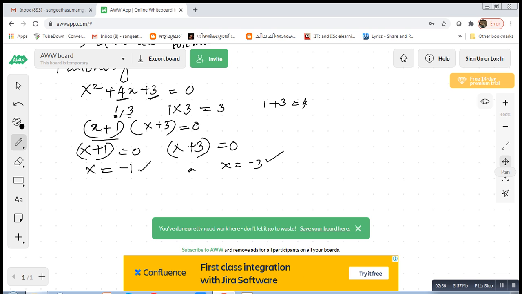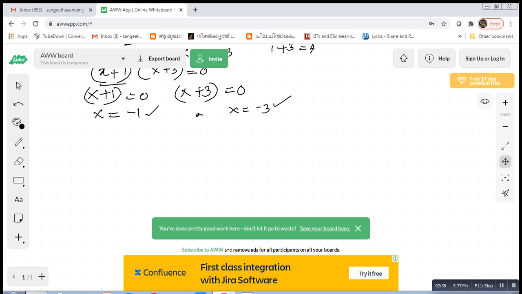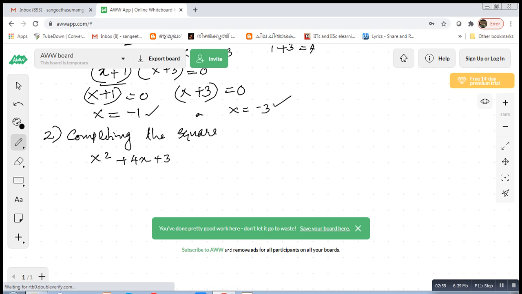So we'll move on to the next method. It's about the completing the square method. So we'll take the same quadratic equation again. x square plus 4x plus 3 equal to 0. In order to solve the quadratic equation by completing the square method, we need to eliminate the constant term from this quadratic equation.